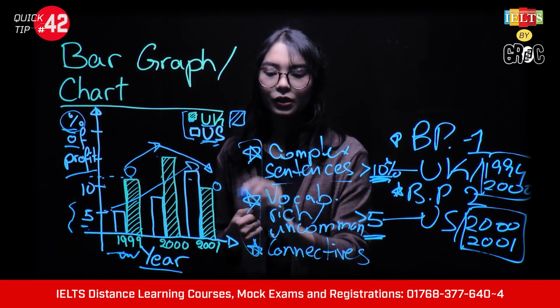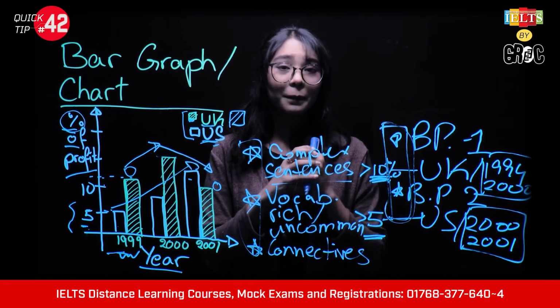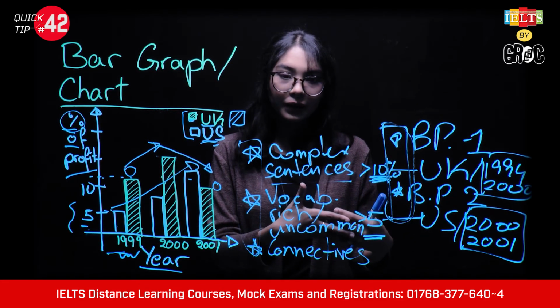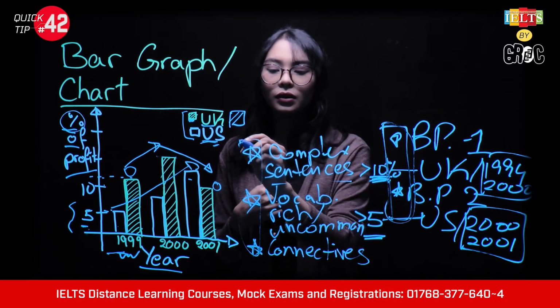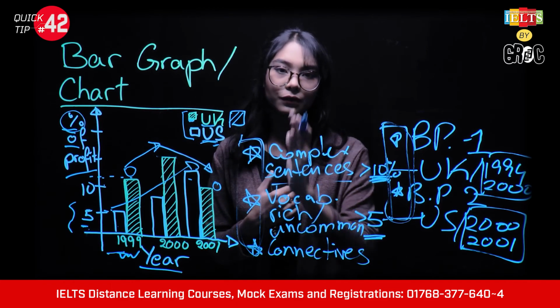So using these 3, you can get higher bands. So using this too, you will try to get above band 5, and to gain above 7, you will use more of these. So this plus this will give you above 7.